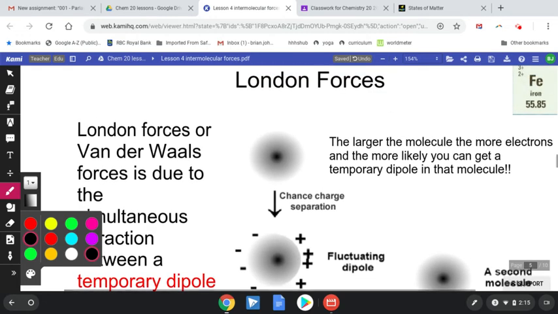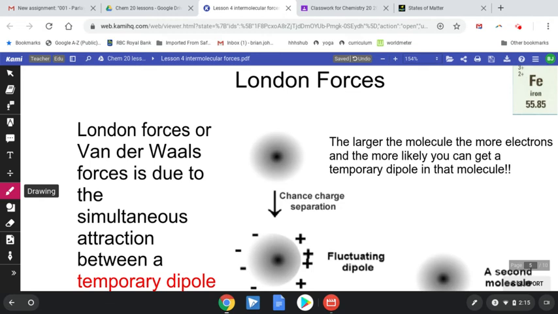The second intermolecular force is called London. Okay, so the second intermolecular force, or London forces, is a weaker one. Weaker than the polar or dipole-dipole.